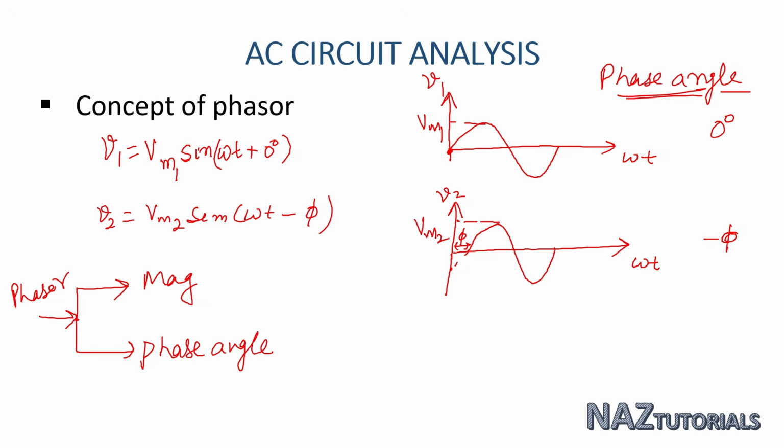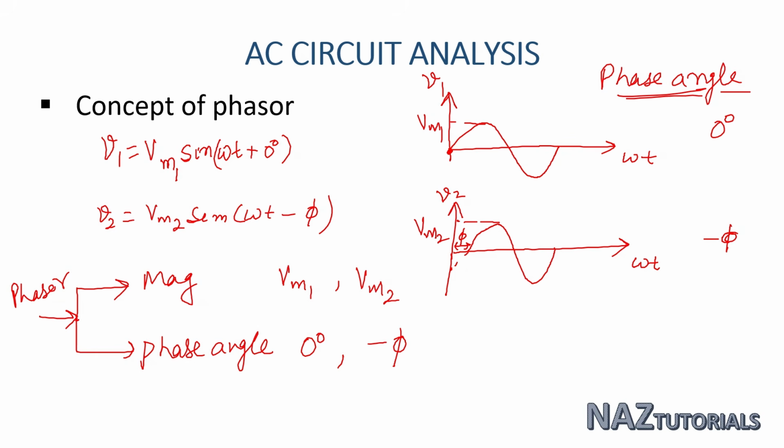So here we understand the concept of phase angle. For the first waveform our magnitude is Vm1 and for the second waveform the magnitude is Vm2. And the phase angle for the first waveform is 0 degree and for the second waveform it is minus phi, which is made from the reference point.